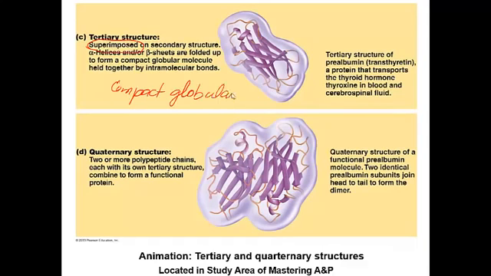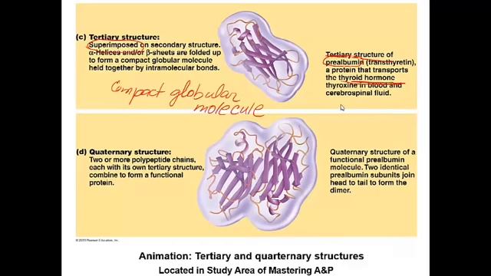So that's really a hallmark of a tertiary structure. And so an example of this would be the tertiary structure of prealbumin. Albumin is going to be an important plasma protein in our blood that transports other molecules, and it plays a role in osmotic pressure. In this case, it transports the thyroid hormone, thyroxine in the blood and cerebrospinal fluid.